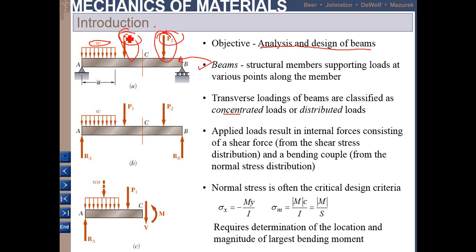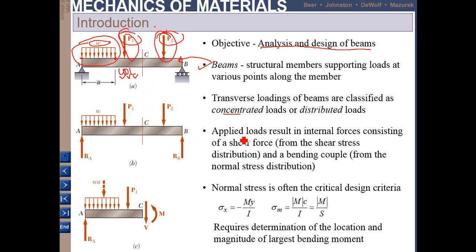If the load is distributed like this, it is called a distributed load, in which from here to here the load is distributed uniformly, or we call it UDL, uniform distribution load.